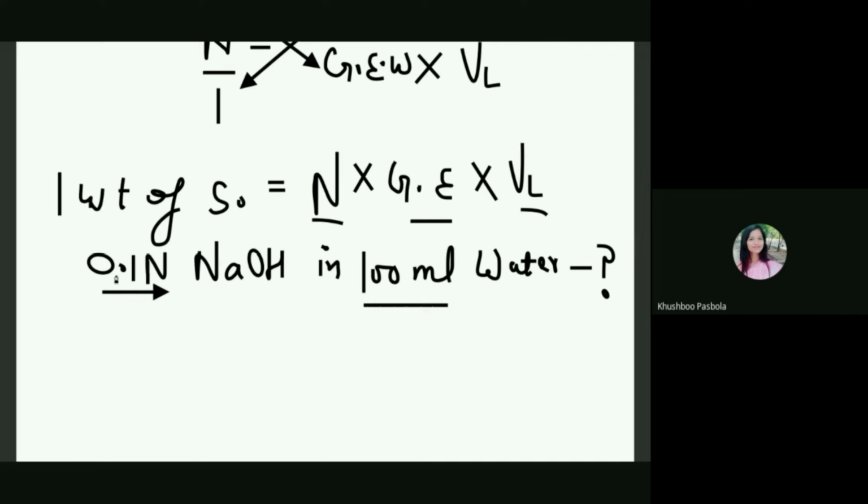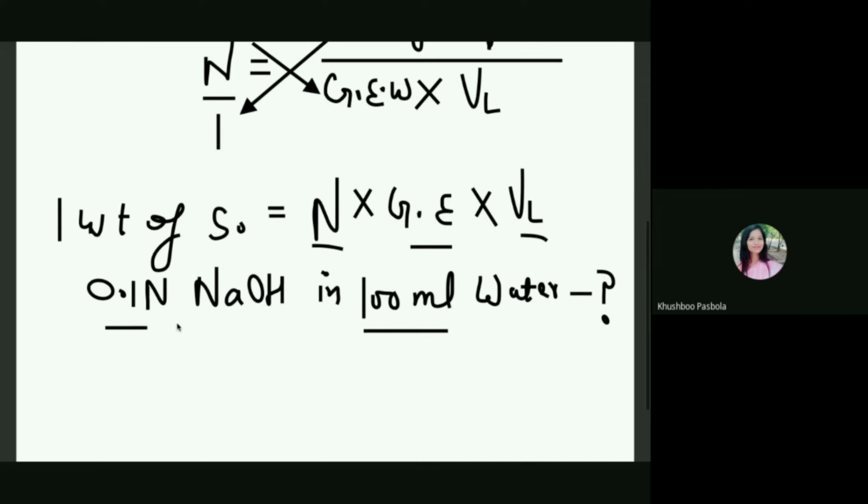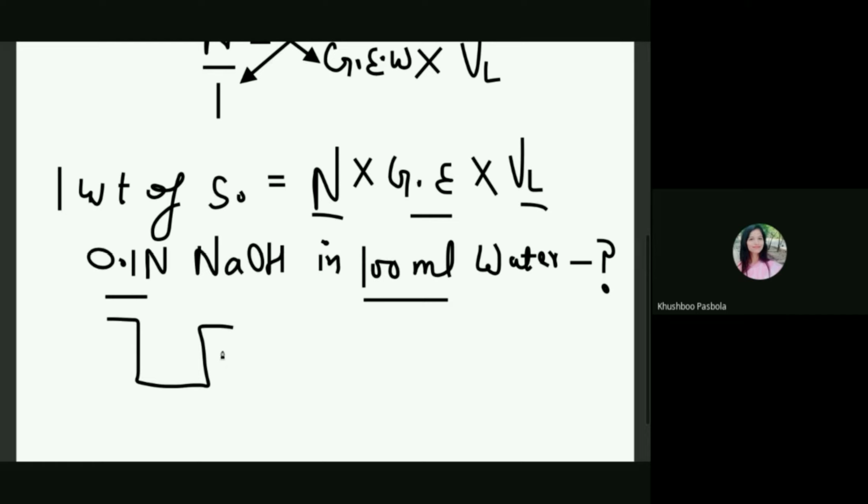Now how can you calculate the weight of solute? Suppose this is a beaker. In this beaker, according to the formula, you should take 100 ml of water, H2O, and you have to add NaOH in this water.